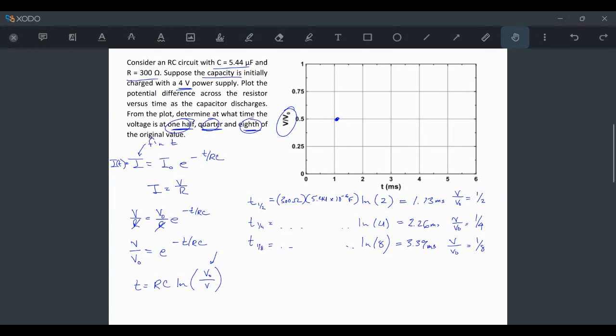At 2.26, something like that, we're at a quarter of the original value, and then at 3.39, we are at an eighth of the original value. So it's somewhere maybe right there. And now I will try my best to do a reasonable job of making a curve out of this. So we need to construct the graph. That was the original point of the question.